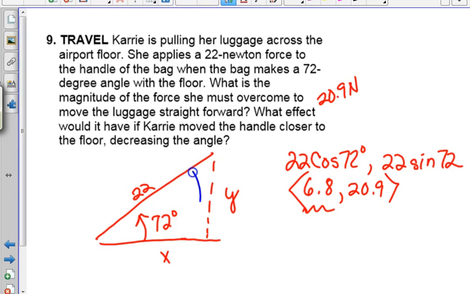If she were to decrease this angle, that's going to make this force what? Less, right? Does that make sense? If you were to take your suitcase and lean it down a little bit further, it would pull a little bit easier, right? Okay. So what effect would it have if she were to decrease the angle? It would be easier to pull, less force to overcome.